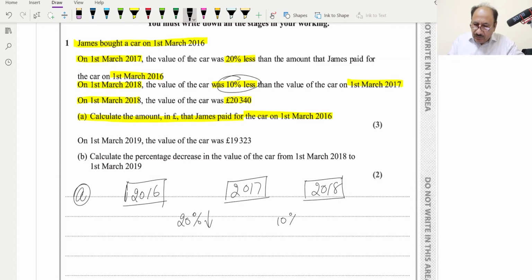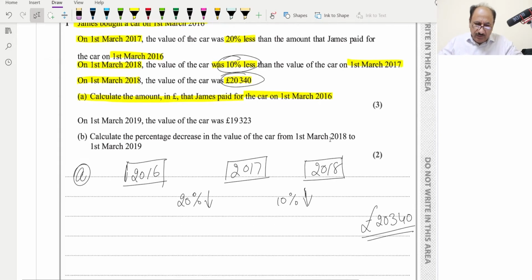So 10% down was this one, reduction or depreciation. And the amount after 2018 is 20,340 pounds. So we can write 20,340. This was the amount on 1st March 2018.